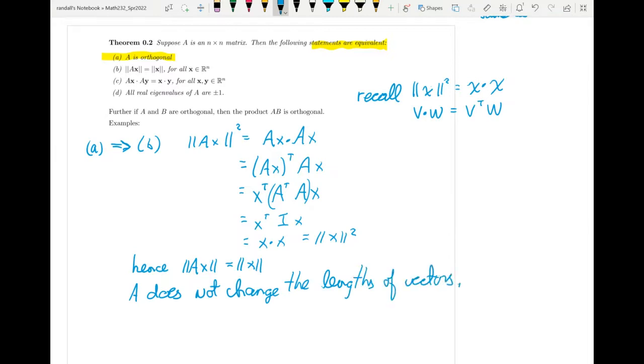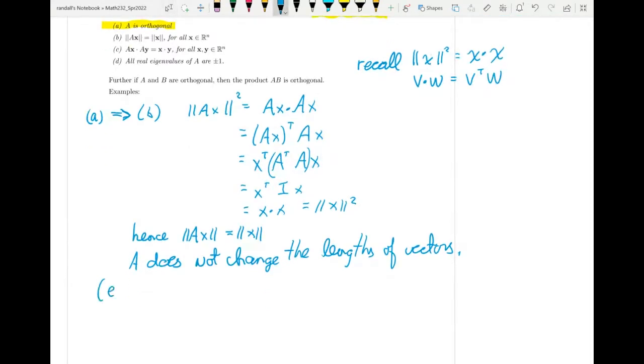If you think about geometric transformations in R2 and R3, transformations that don't change the length of vectors, you can start to list them off. There are rotations and reflections, and that's about it. The other kinds of transformations we looked at did change the lengths of vectors. So the orthogonal transformations are very special.